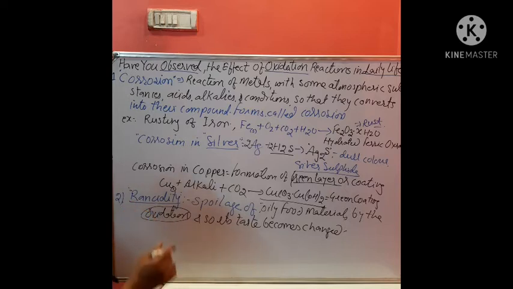Only to prevent the oxidation process, oxygen is removed, and in its place nitrogen is added. So nitrogen prevents what? Rancidity. Isn't it? So this is known as what? Rancidity. You can make short notes. What is rancidity? Why does it occur? And how to prevent rancidity. Is it clear?